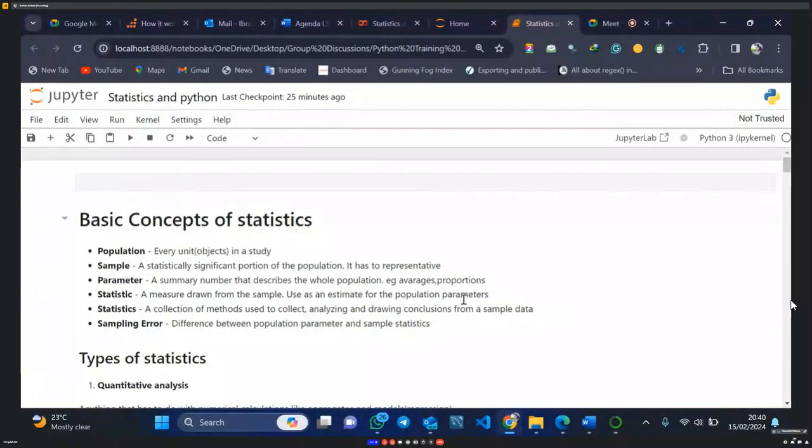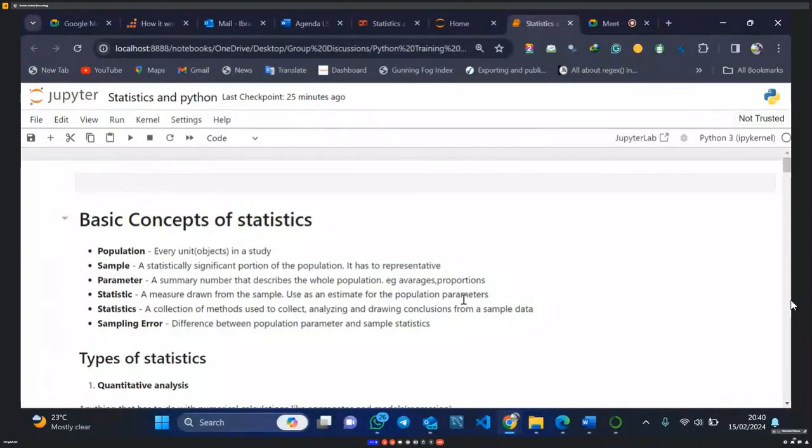For example, we can be looking at the ages of people who range between 14 years and 24 years. So the mean age can also be a parameter, averages, proportion, and all that. And then a statistic is a measure drawn from the sample, used as an estimate for the population parameters.